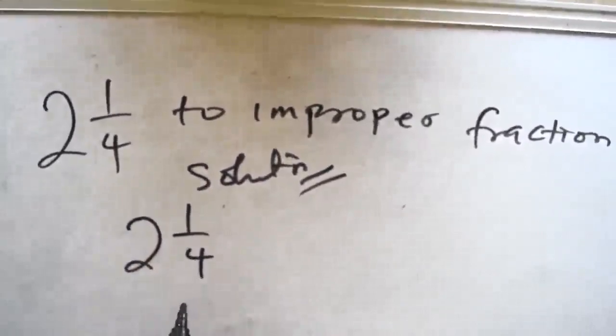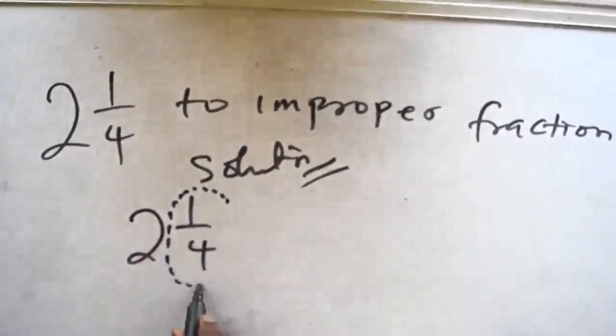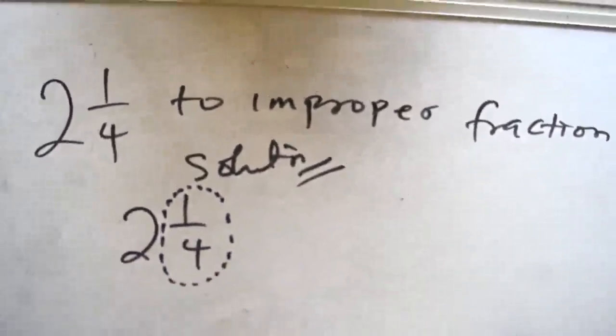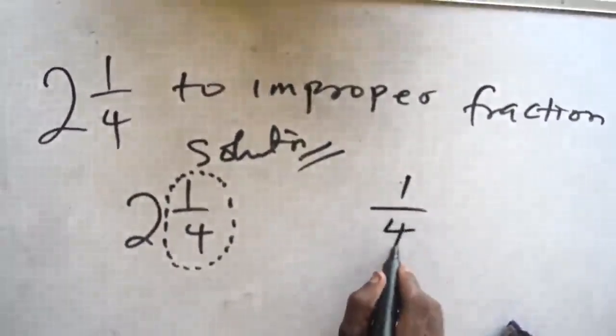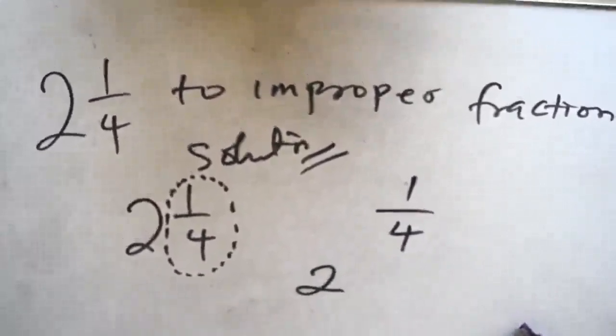The first thing you do is to use a dotted line to separate the fractional part from the whole number part. So the fractional part is the part that has to do with 1/4, and the whole number part is the part that has to do with 2.